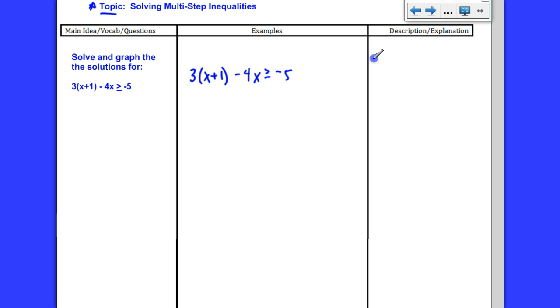The first thing I want to do in solving a multi-step inequality is simplify both sides. So write that over here. Simplify both sides. Now there are 2 conditions to simplifying an equation or an inequality. It's the same idea if it's an equation or inequality. The first idea that you have to do to simplify is get rid of parentheses.